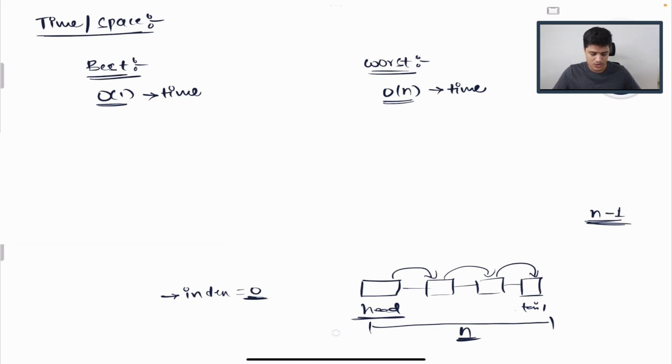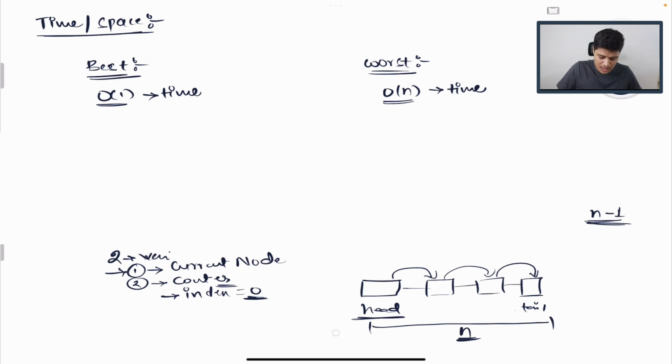Now that is in terms of time complexity. Now let's try to understand in terms of space complexity. Be it best case or worst case, even if we execute the iteration logic that we are writing for getting the node, there we have basically defined two variables. One is to keep track of the current node that we are processing, and the other is a variable called counter which keeps count of how many times we have iterated. Basically it keeps track of whether the index is matching the index that the user has passed.